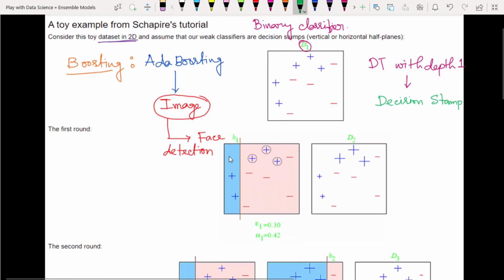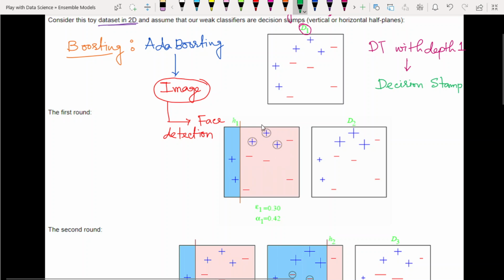Now in the next stage, using this data set, we have to build a classifier. Let's take the classifier we have built here, h1(x). It is a vertical classifier: the left side of this classifier is positive points, and the right side is negative points.